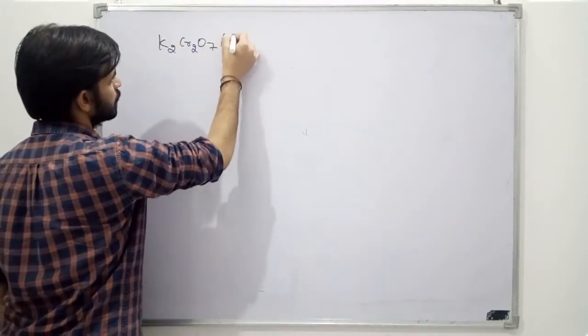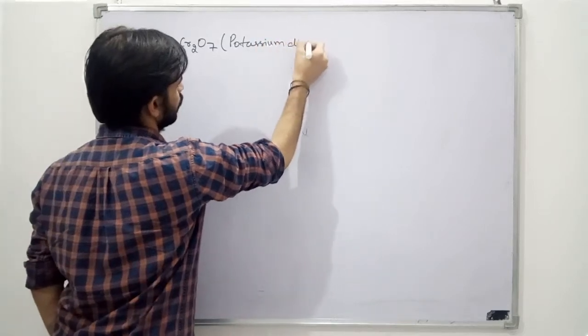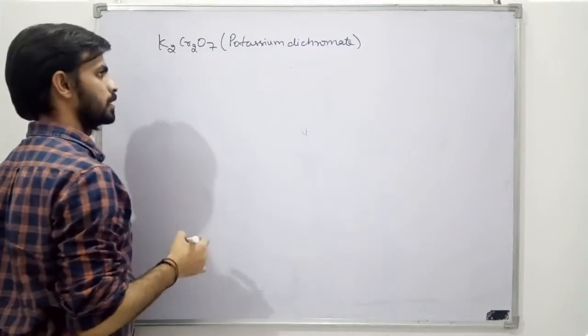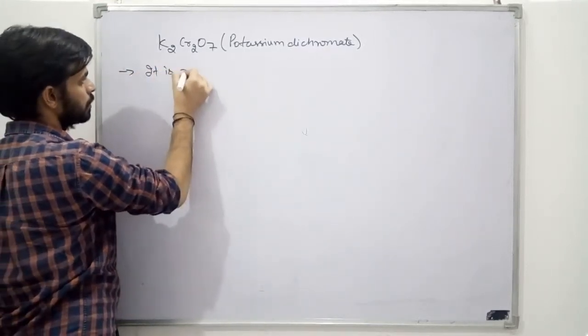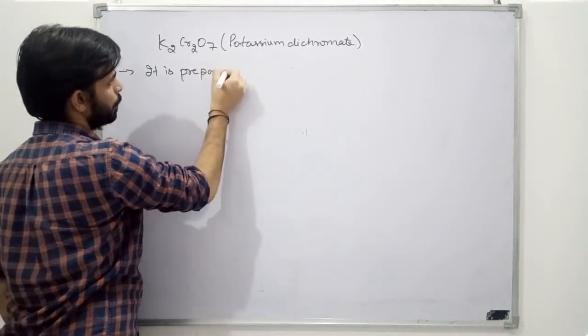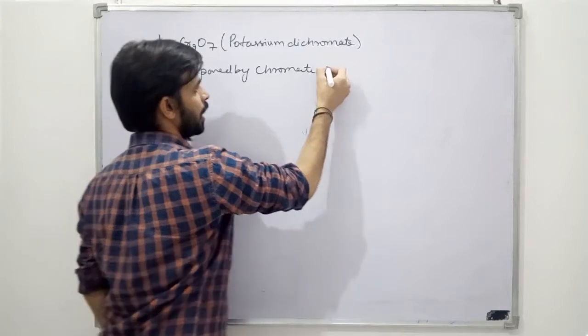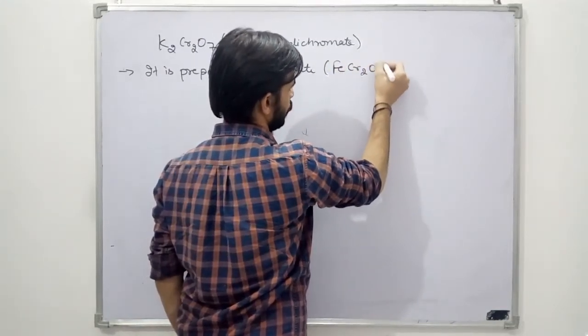K2Cr2O7, potassium dichromate. It is prepared by chromite ore having formula FeCr2O4.